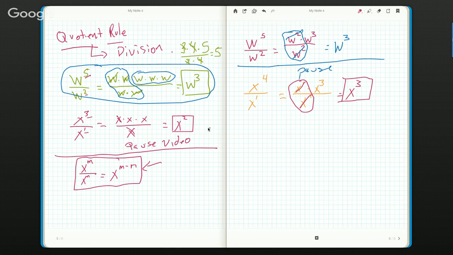And why am I not using this power rule? Let me show you a problem where this is going to come in handy, and you're going to have these on your homework. So let's say you had y to the 5th over y to the 9th. Now, in this case, the power rule is going to give you a negative number. And the negative number is okay, but we're not there yet.